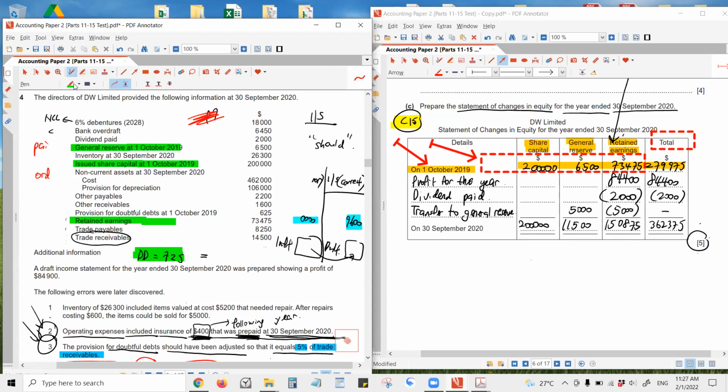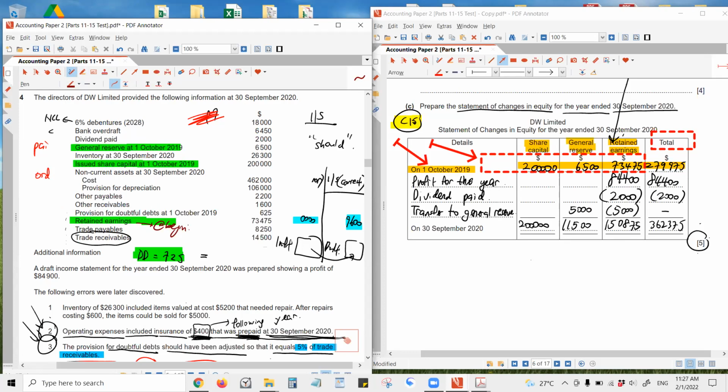So one of you asked me, how do I know that this is the retained earnings at the beginning of the year? First thing I can say is it's a mistake made by the question. The question is supposed to tell you that's the retained earnings at the beginning of the year. Second, we can also interpret this because the SOCIE table is not finished, right?